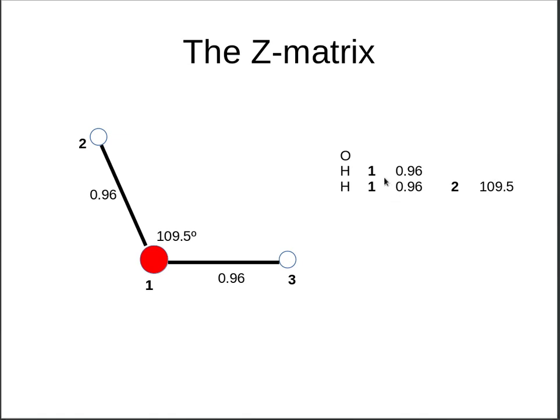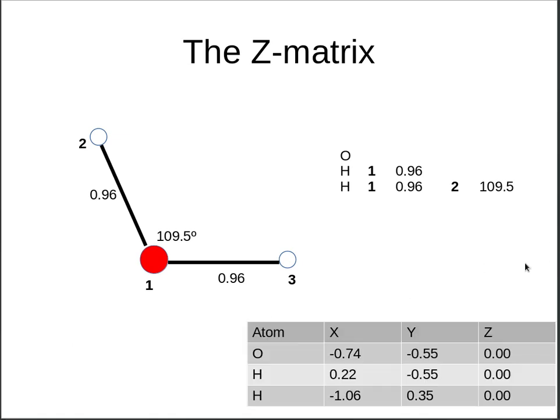Of course, we need to know what they are connected to, but if you were trying to optimize this water molecule, you'd be trying to change these numbers to get the lowest energy conformation. There would be only 3 things you'd need to change to find the optimum geometry for that water molecule. Compare that to the Cartesian coordinates.